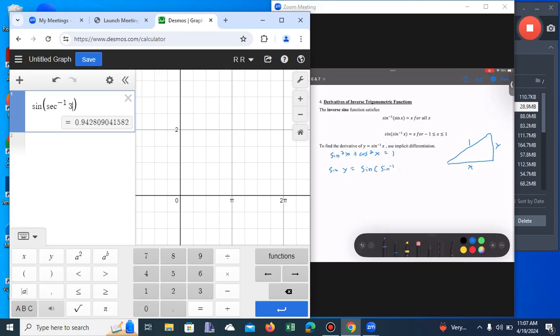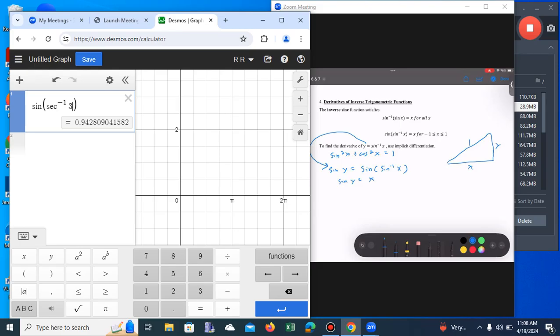Just put x. We're starting with the idea that y equals inverse sine of x, and we're taking the sine on both sides. Then I'll get sine y equals x.